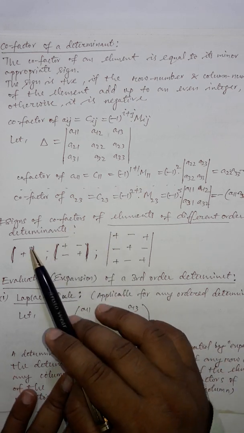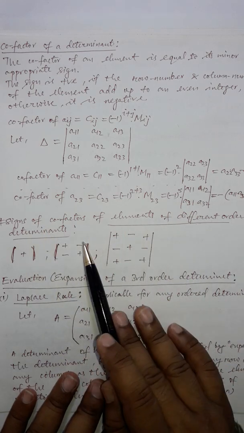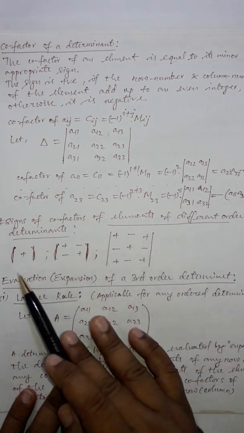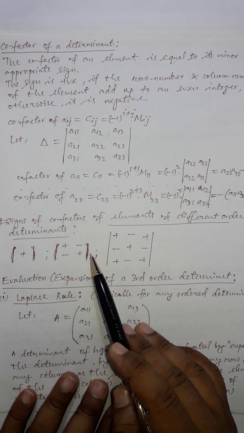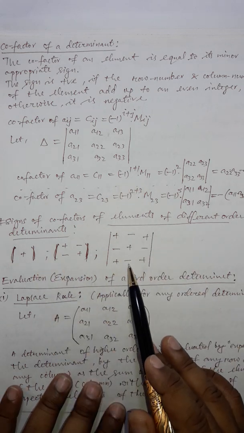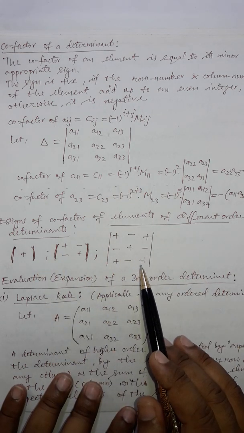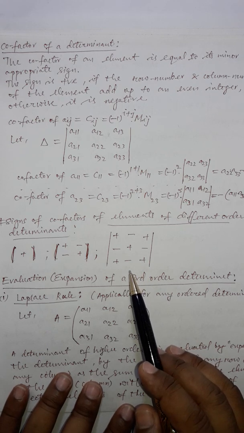Now, to remember the sign of cofactors of the elements of different order determinants, you can remember it this way, so that it will help you to quickly calculate. Besides adding the row and column number, you can remember, because up to a maximum of third order determinants we are going to use for our calculation now.